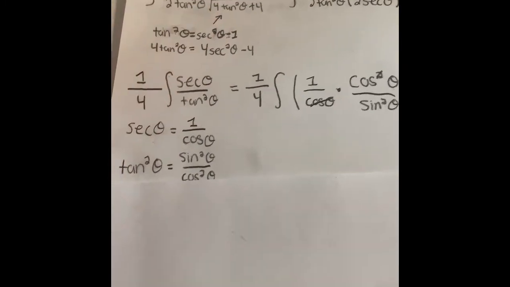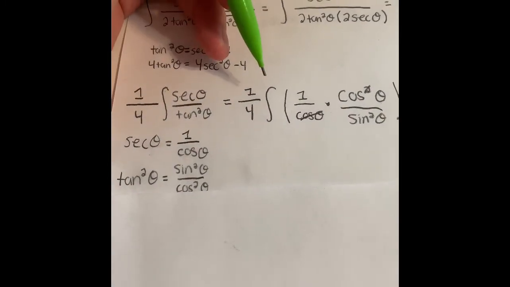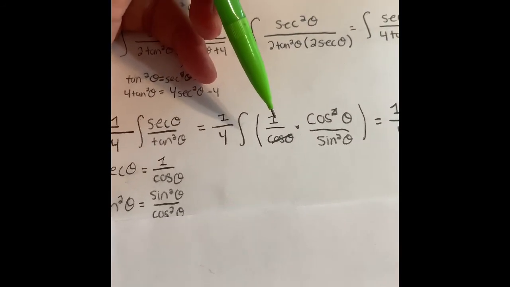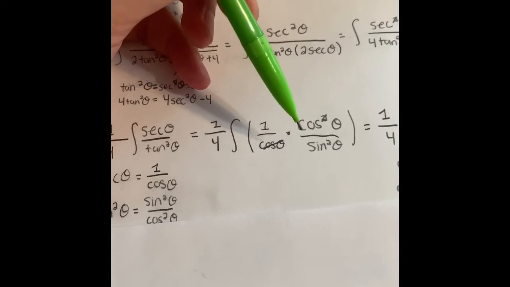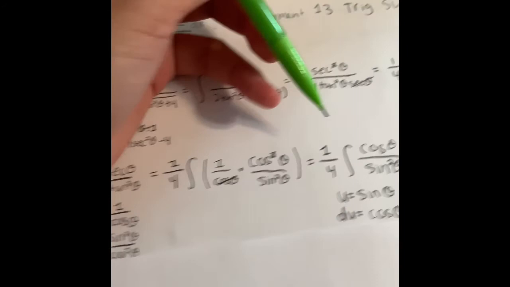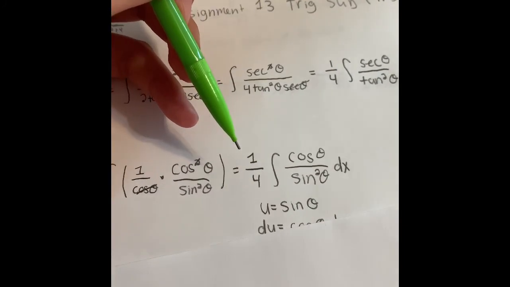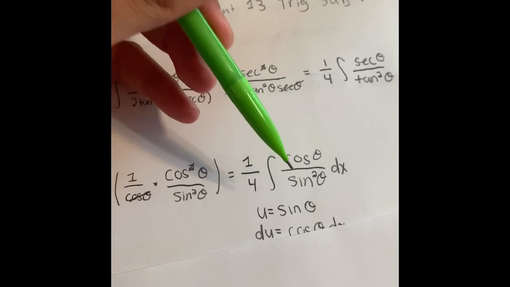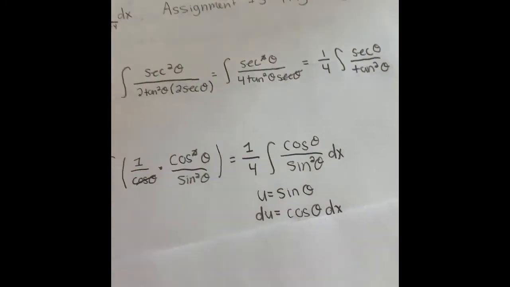Once we plug that in and multiply it out, we get some cancellation and get 1/4 integral cosine theta over sine squared theta. Next we do a u sub.